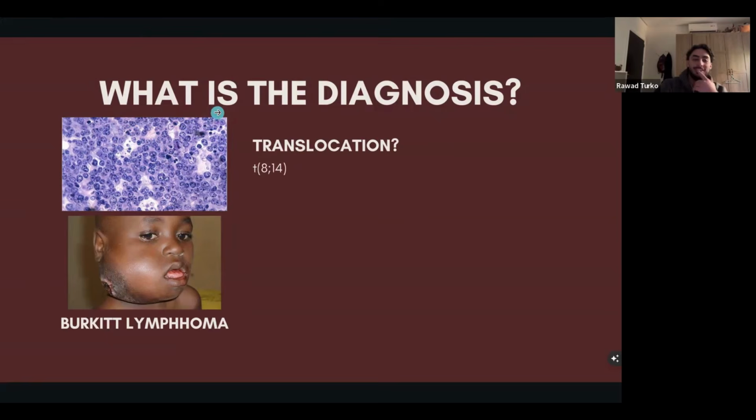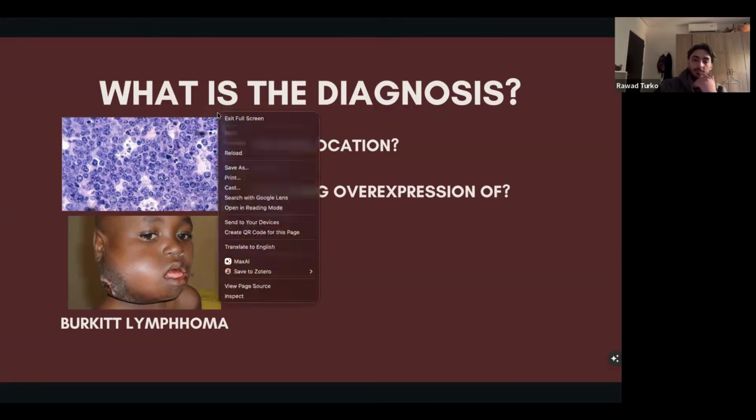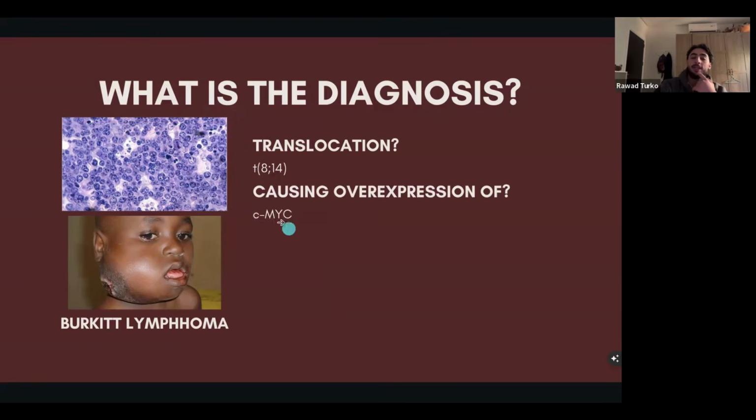Okay, so it's 8;14. This causes an overexpression of c-Myc. Perfect. So c-Myc is a transcription factor. When you get overexpression of c-Myc, which is a transcription factor, you're going to get transcription of a lot of these proliferative signals that are going to cause proliferation of all these cells.